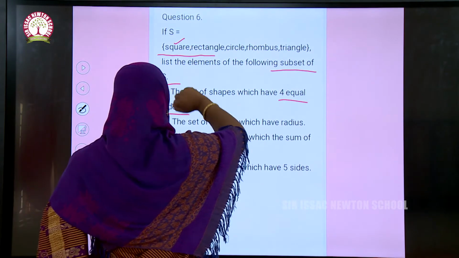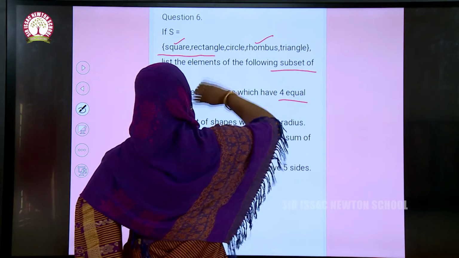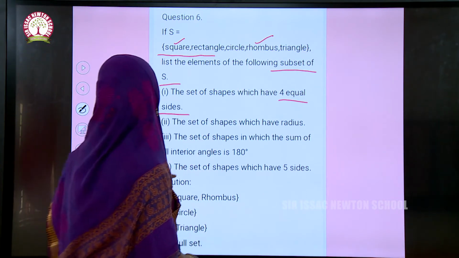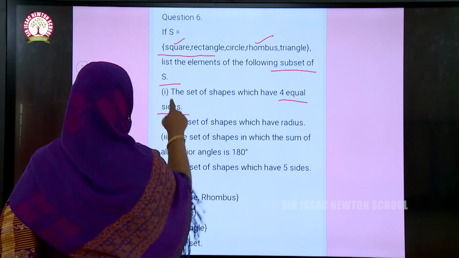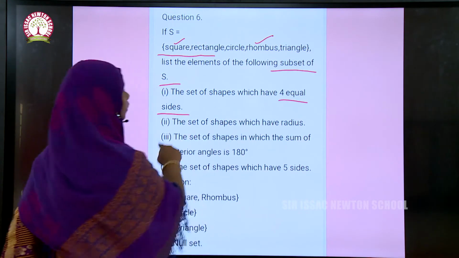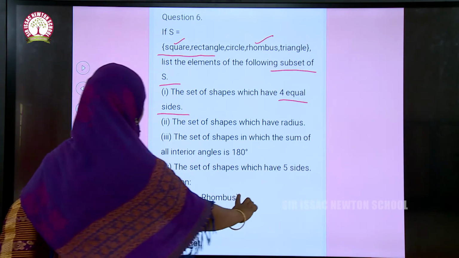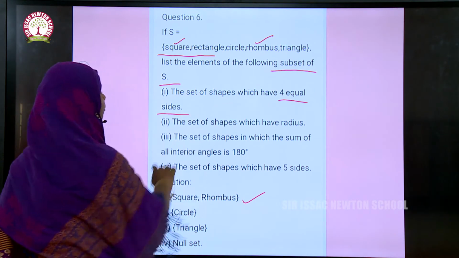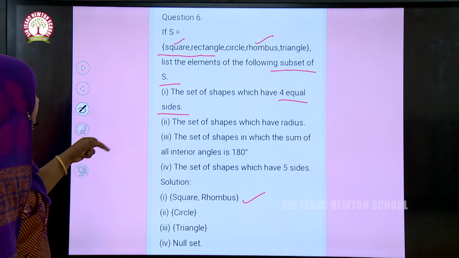Therefore, we cannot write rectangle. Circle, no. Then rhombus. Triangle doesn't have 4 sides. Therefore, the subset of S which has 4 equal sides is square and rhombus.